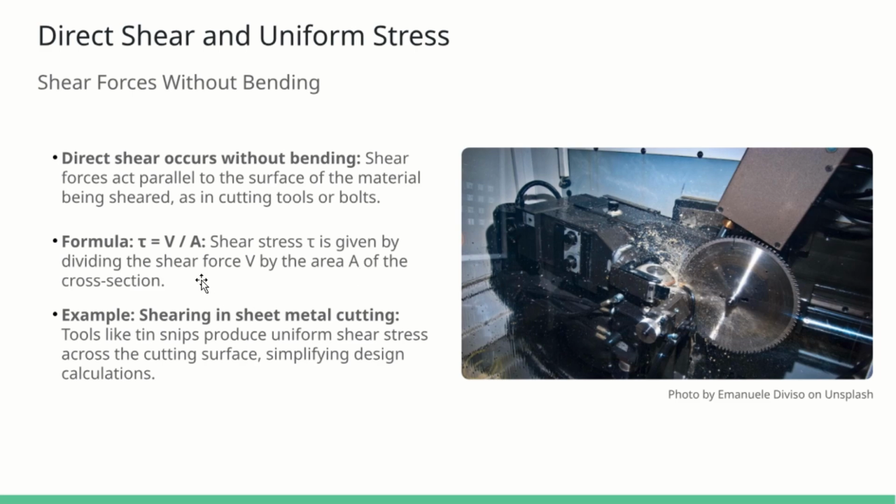If you cut using tools like depicted in this picture, the shearing is without bending, so this is also called uniform stress. Uniform shear stress tau is given by dividing the shear force V by the area A of the cross section. For example, shearing in sheet metal cutting tools like tin snips produces uniform shear stress across the cutting surface, simplifying design calculation.